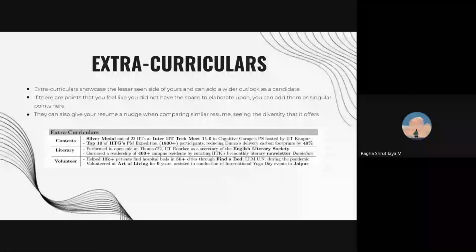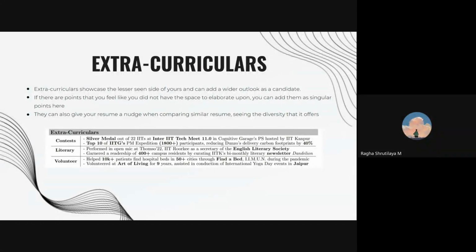Mention it in a tabular form again and divide it into sections, like contests and volunteering. If you were part of film or photography, you can add something like that. Any points you could not write above that define you as a person, add them in the extracurriculars. Next slide.